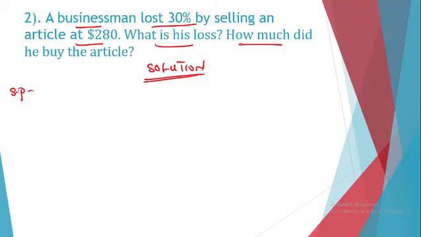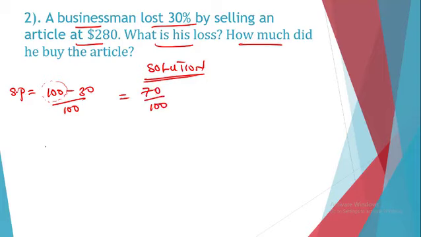Our selling price is equal to 100 minus 30 all over 100. We assume that the cost price is 100. So by that assumption, we have 100 minus 30 all over 100. So our selling price is then 70 over 100.